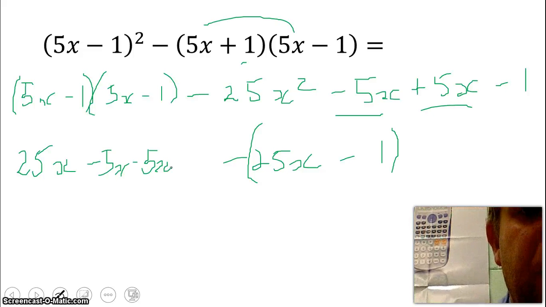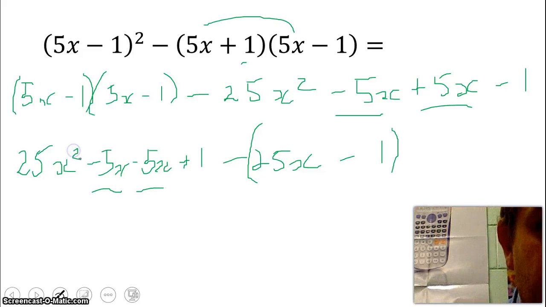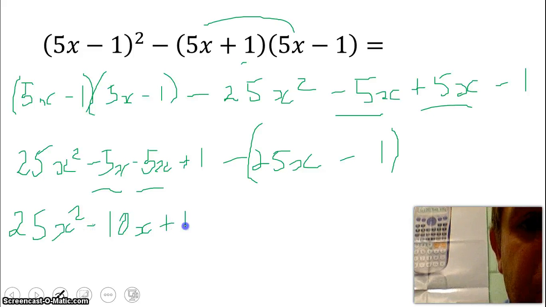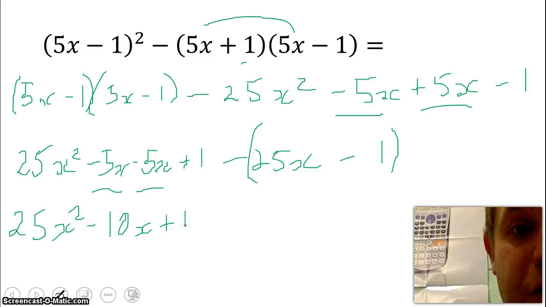And minus 1 times minus 1 is plus 1. Once again, we can do a bit of a tidy up. So I've got 25x squared minus 10x plus 1. And I'm going to take away the other section.